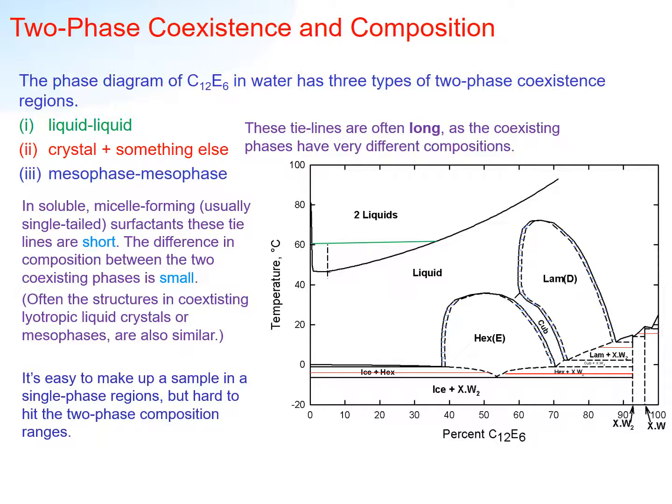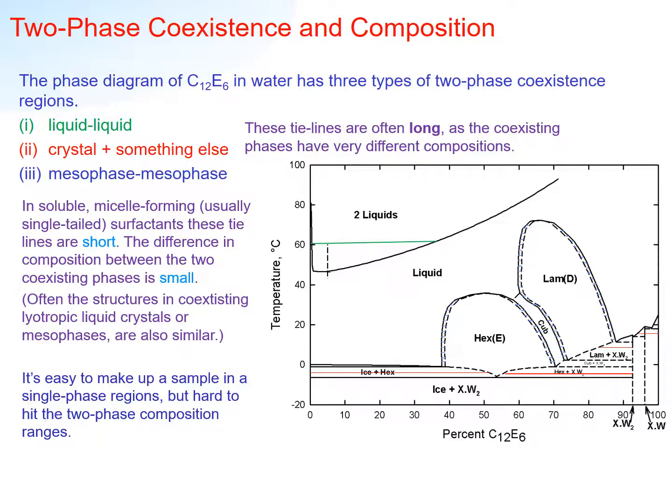For these kinds of systems, it's actually pretty easy to make up a sample in a single phase region, a micellar solution, a hexagonal phase, a lamellar phase, or a cubic phase. But it's pretty hard to hit these two-phase regions between liquid and hexagonal phase and cubic phase.